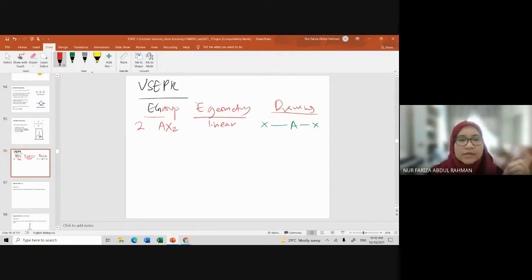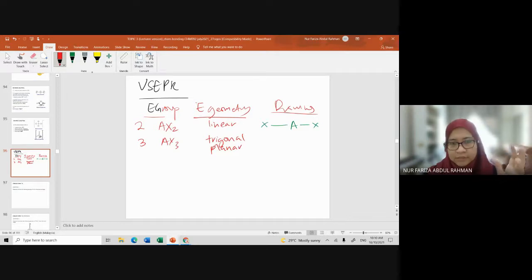Next we have 3 electron groups, which is AX3. So it should be trigonal planar, because that is the least repulsion that all the electron groups can experience.